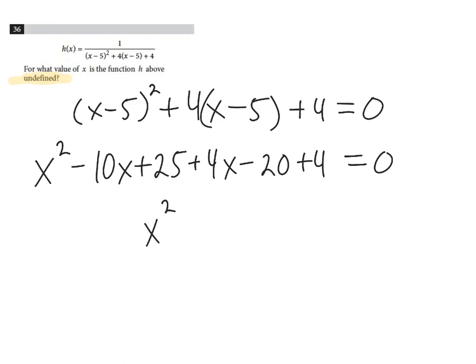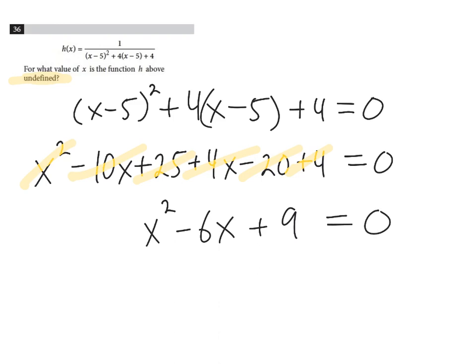And then I've got negative 10x and then positive 4x. So that's going to be negative 6x. And then I've got 25 minus 20, that's going to be 5, plus 4. That's going to give me 9. So x squared minus 6x plus 9 equals 0.